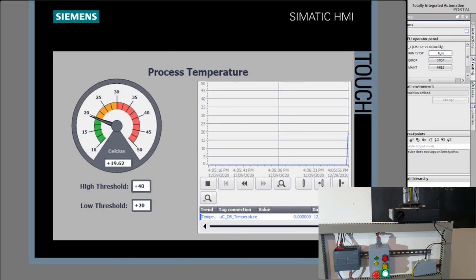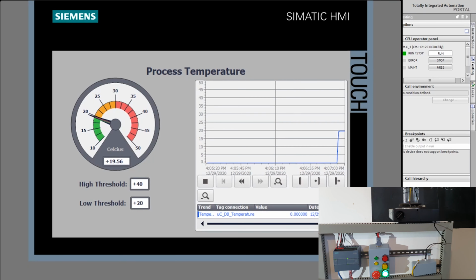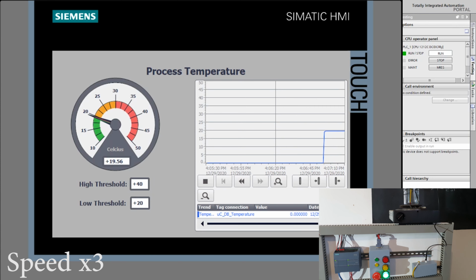Now let's see it running. I've used two pilot light indicators for high and low temperature thresholds, which can be configured in runtime. I have also placed a trend view object and a gauge for a graphical representation of the process temperature.